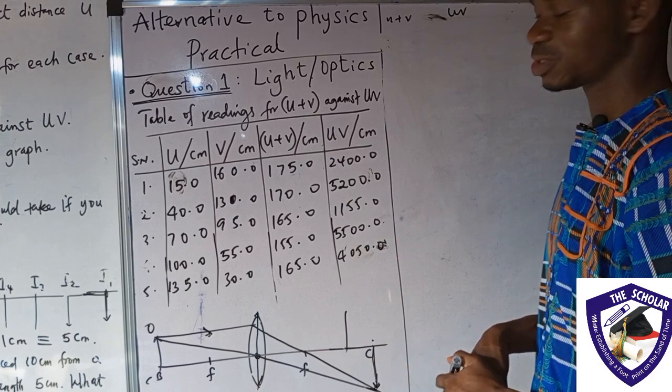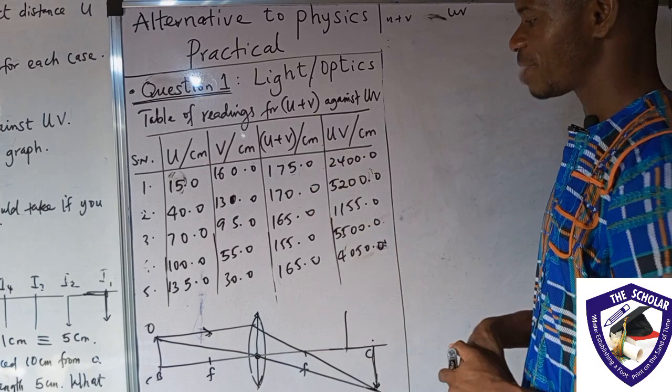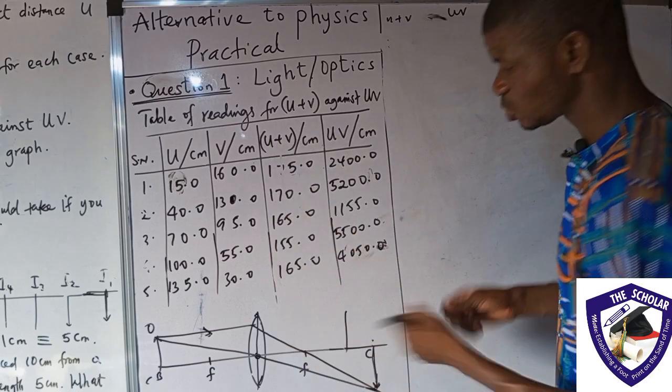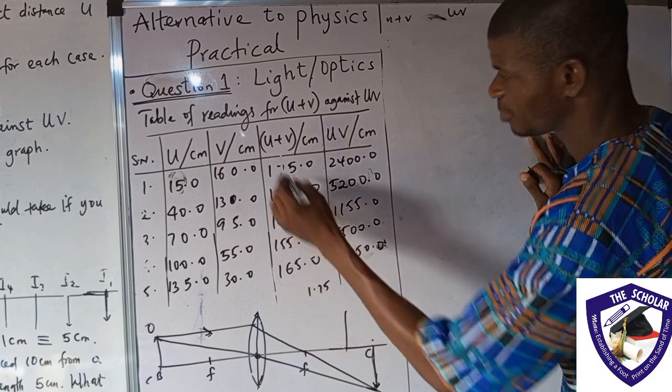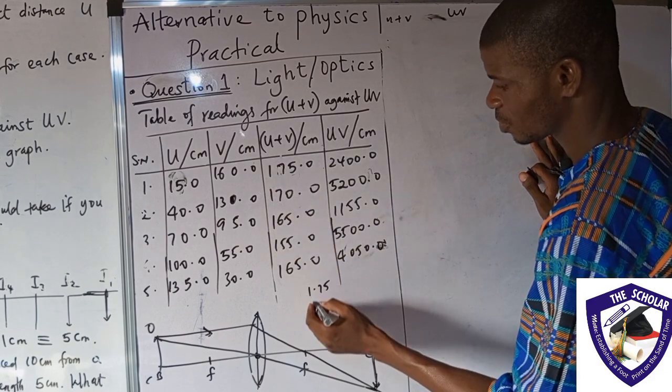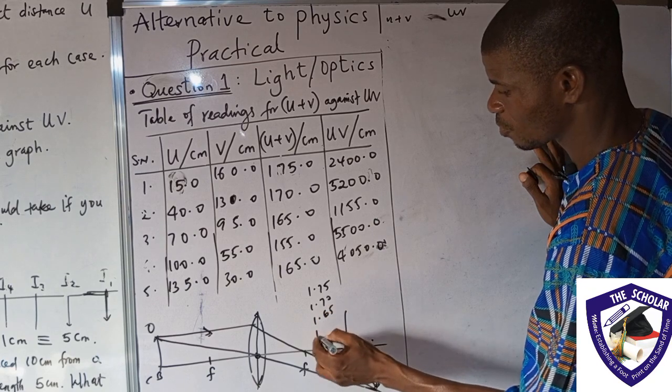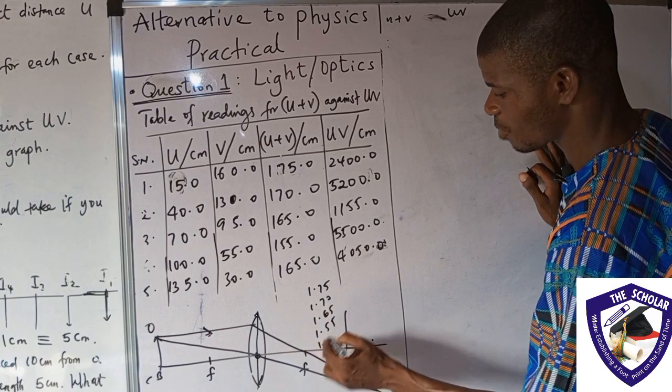So to make the work very easy for you, if you are not the type that likes big figures, you can divide all of them by 100. If you divide by 100, all of these reduce to 1.75, 1.70, 1.65, 1.55, and 1.65.